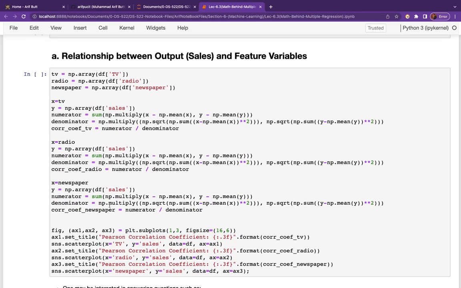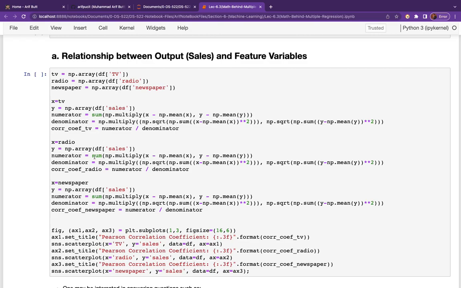Okay. Let us first check out if there exists a relationship between the three advertising budgets and the sales. And we know this can be done using the scatter plot and correlation coefficients. Well, the code of this cell, just don't worry about it. It's just a repetition of things. It just used NumPy's methods to compute the correlation coefficient that we did in the previous session as well.